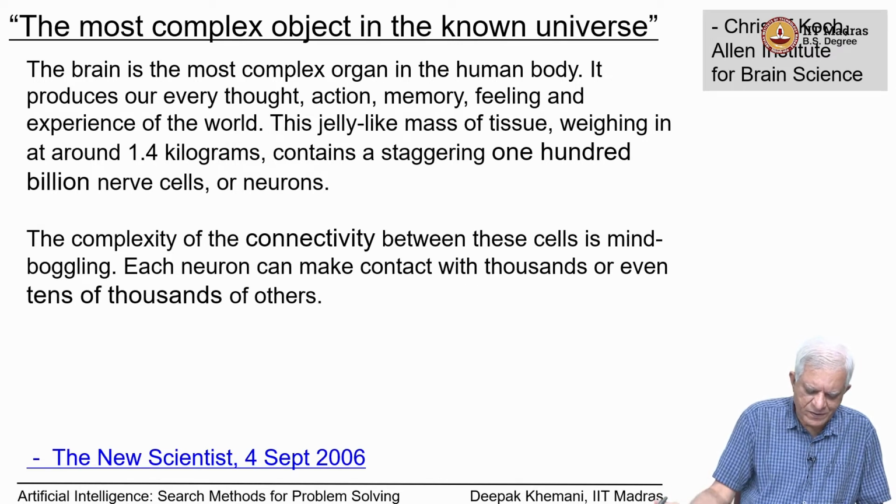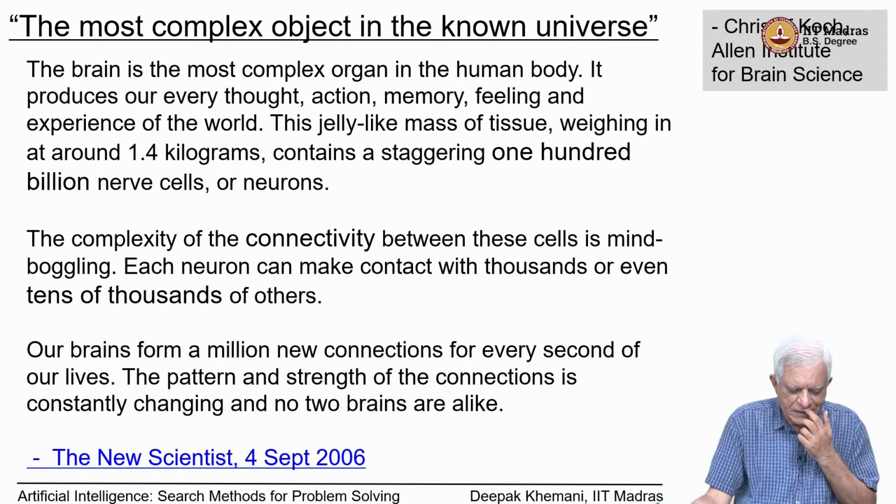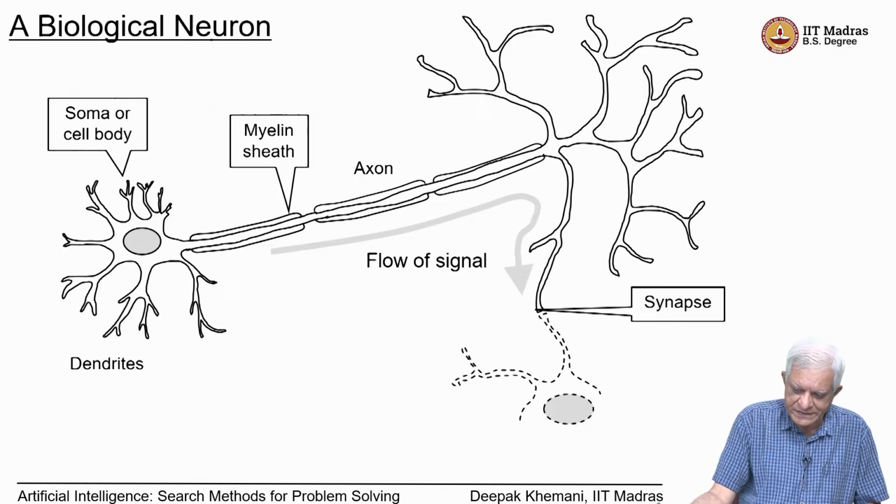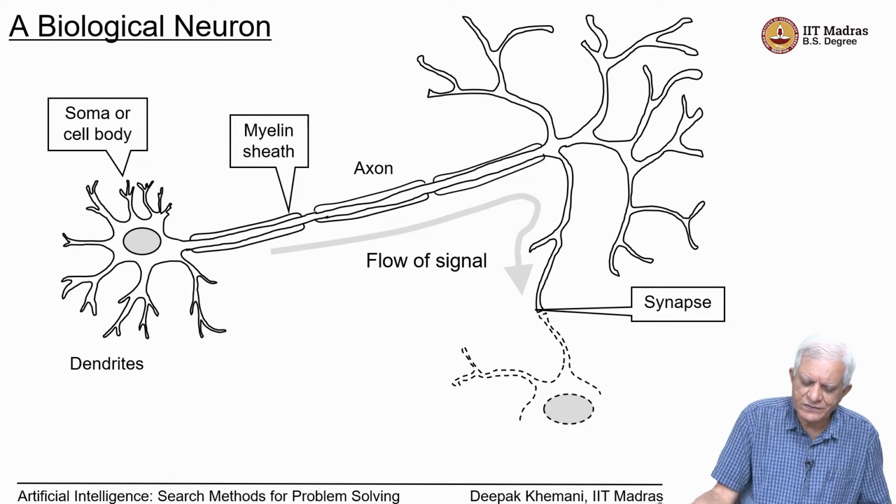So, this I have taken from an article I was reading on New Scientist. Our brains form a million new connections for every second of our lives, and the pattern and the strength of these connections is constantly changing, and no two brains are alike essentially. So, this is just for the sake of completeness a diagram of a biological neuron.